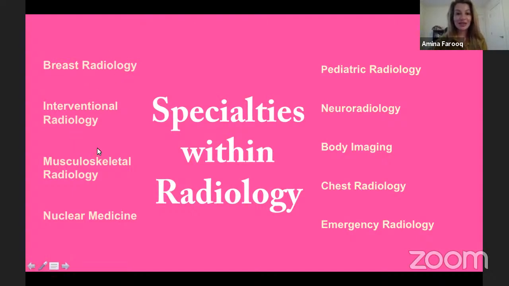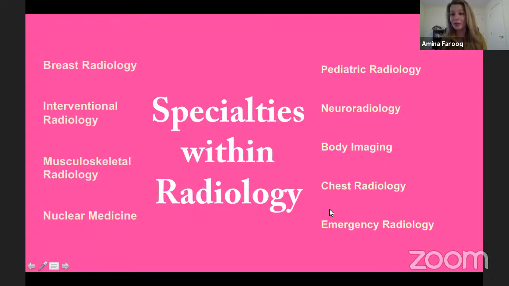So breast imaging, interventional radiology, musculoskeletal, and nuclear medicine radiology have heavy patient interaction. They're very procedure heavy.